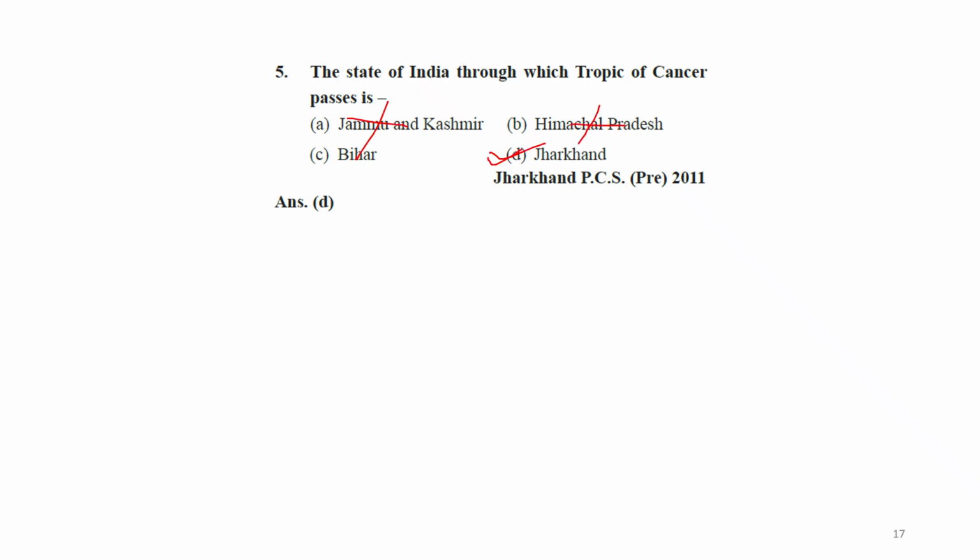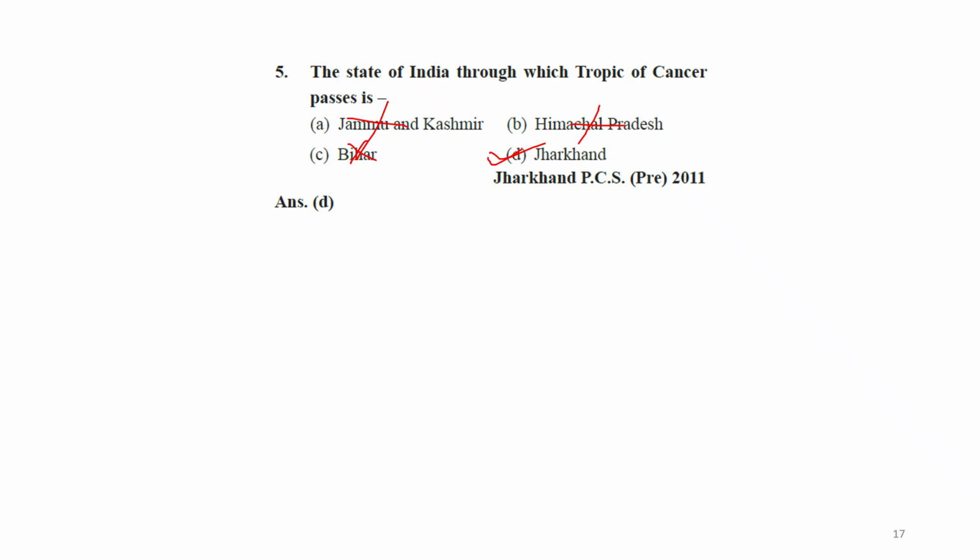Please remember the Tropic of Cancer is passing through the center of India, so the state which lies in the center will be the answer. You can see J&K is on top, like the head of India, and HP is just below that. Bihar we have seen is not part of that. So that's why the answer is D.